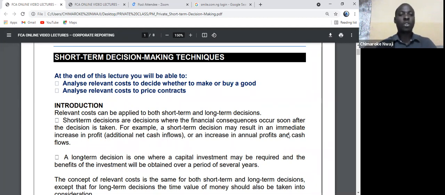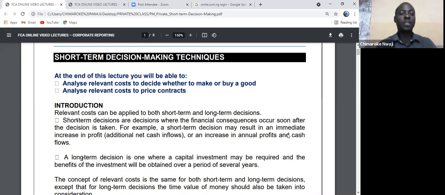Now, why is contribution so important? It is because of decision making, and the contribution analysis helps us to understand relevant costs. Now, relevant costs can be applied to both short-term and long-term decisions.